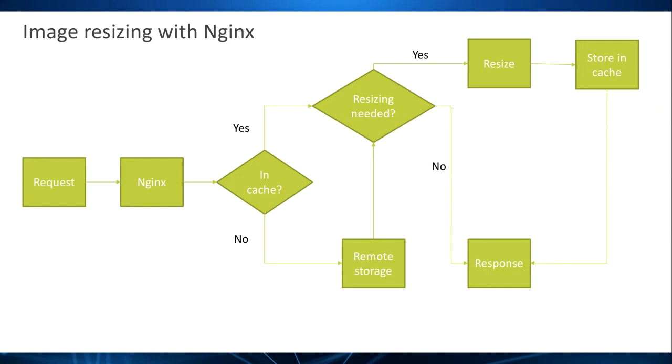At this point, Nginx also looks at the arguments that you pass within your URL request. If it contains some height and width, it will perform resizing and store it in the Nginx cache. All of the consequent requests, which require the same image with the same resizing parameters, will be taken from the Nginx cache.